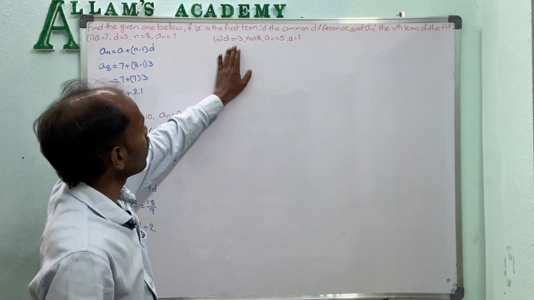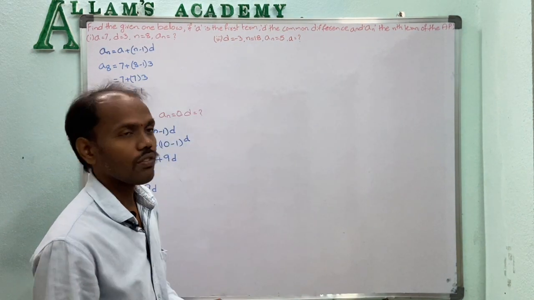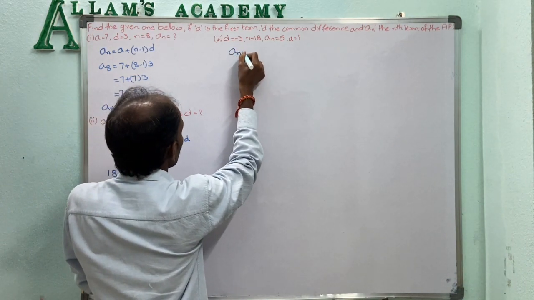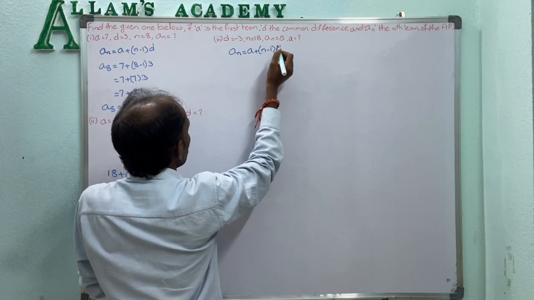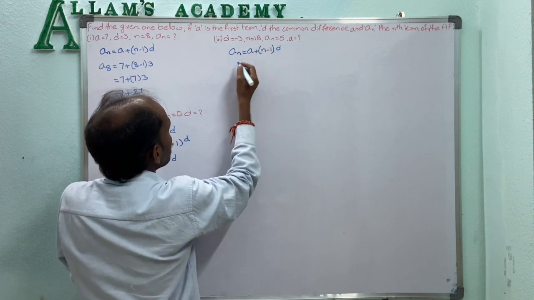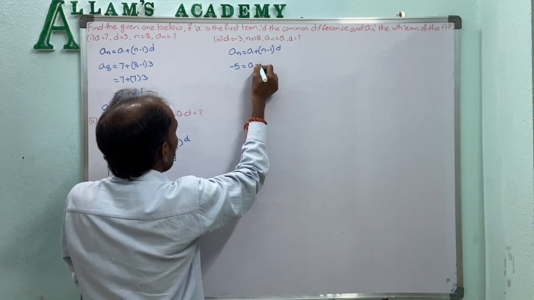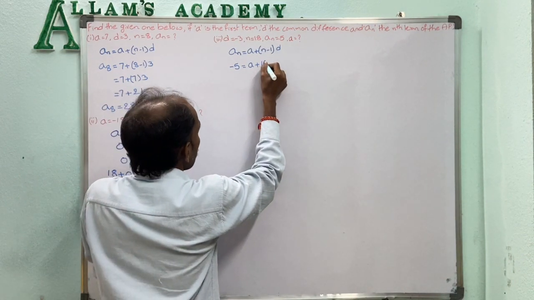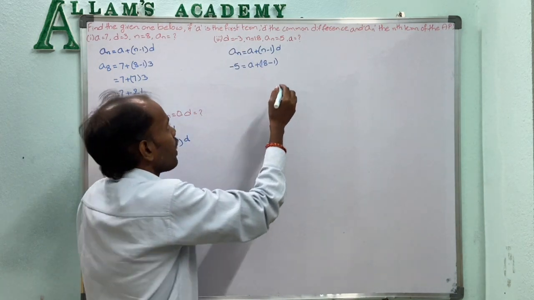Given d equal to minus 3, n equal to 18, an equal to minus 5, then a equal to how much? The general form an is equal to a plus n minus 1 into d. Substituting, an is minus 5, n is 18, and d is minus 3.